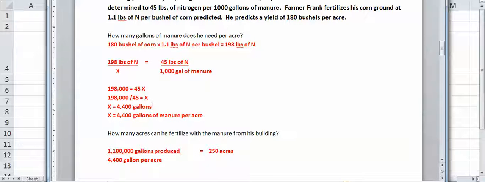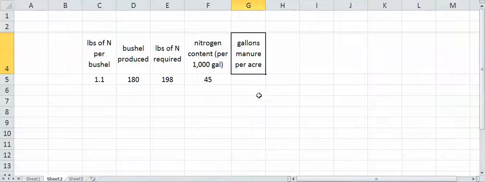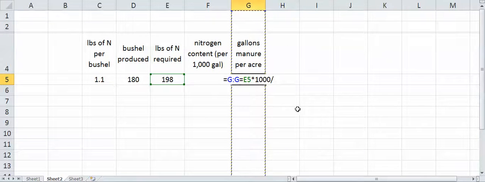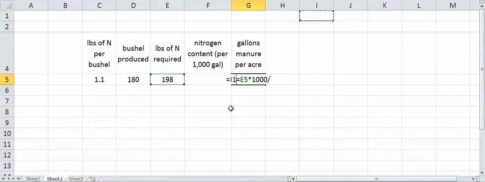Okay, so we take pounds of N times 1,000 gallons divided by 45. So equals pounds of N times 1,000 divided by this cell right here, which the computer's not helping me here. The computer does not want to help me.